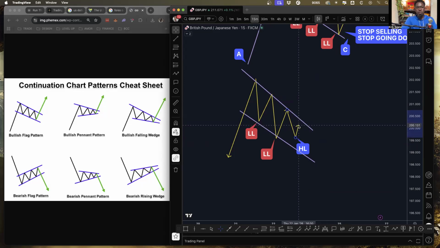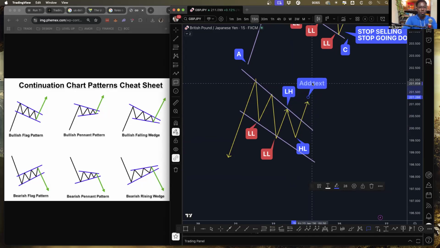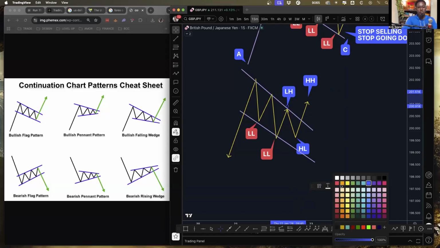Confirmation number two is when we stop getting lower highs. So if price comes up here and instead of a lower high, we now get a higher high, that is our confirmation number two.